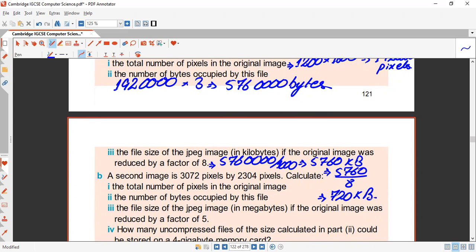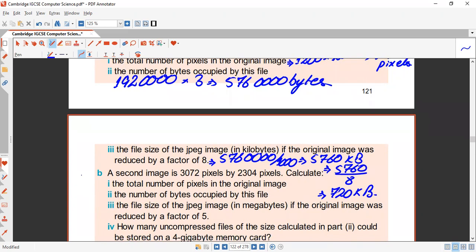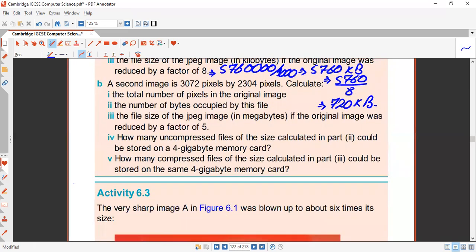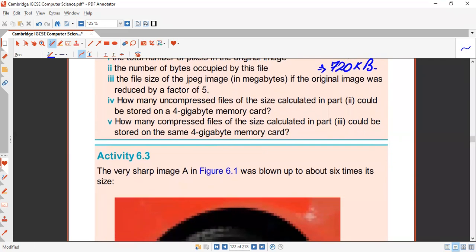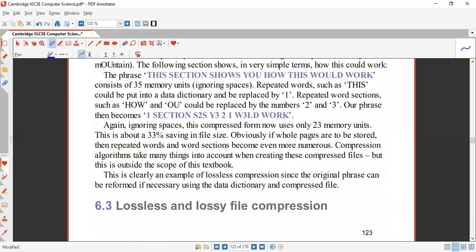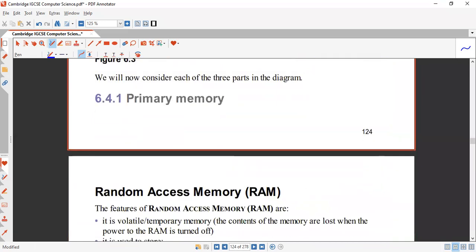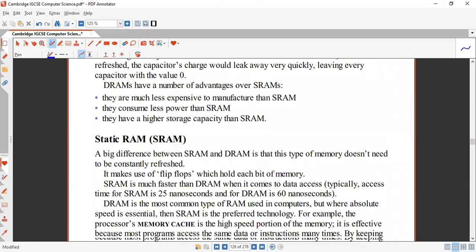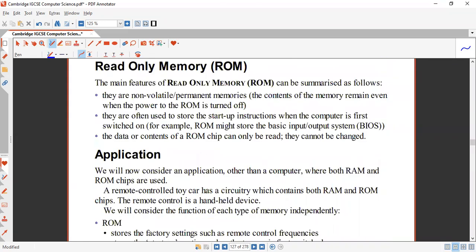Got this point? Okay. Similarly, we have the second phase, or part B, as well. You can attempt this part at home, and if you are finding any difficulty, you may consult me. Now we are moving ahead to the next part, which is regarding the secondary storage devices.